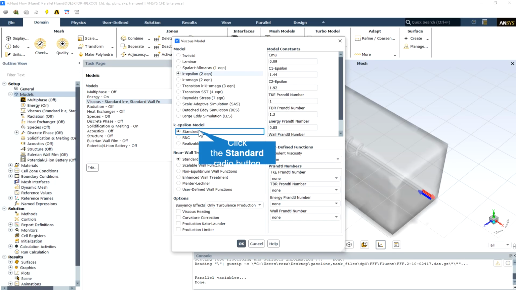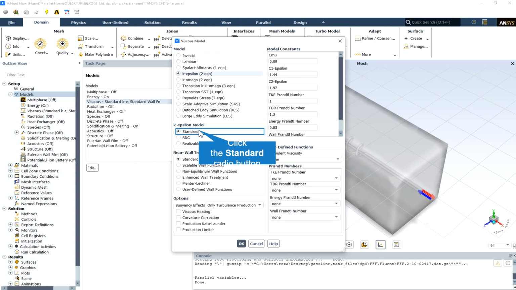In the viscous model, the standard K-Epsilon model has been used. That is a two-equation turbulence model that allows the determination of both a turbulent length and time scale by solving two separate transport equations.